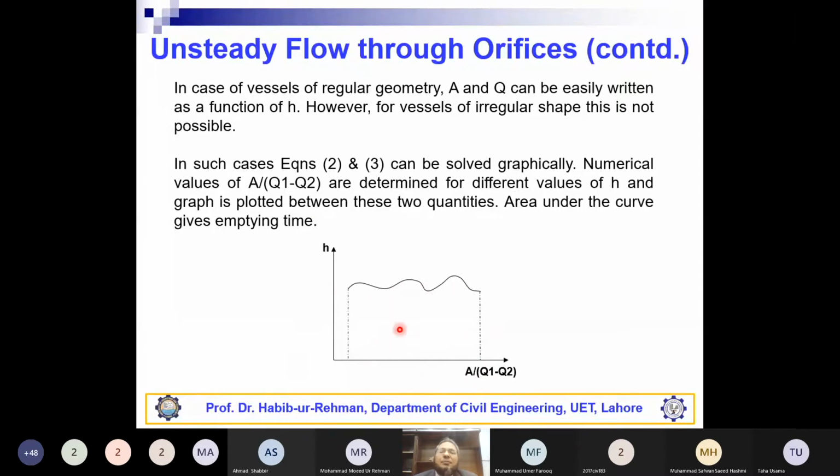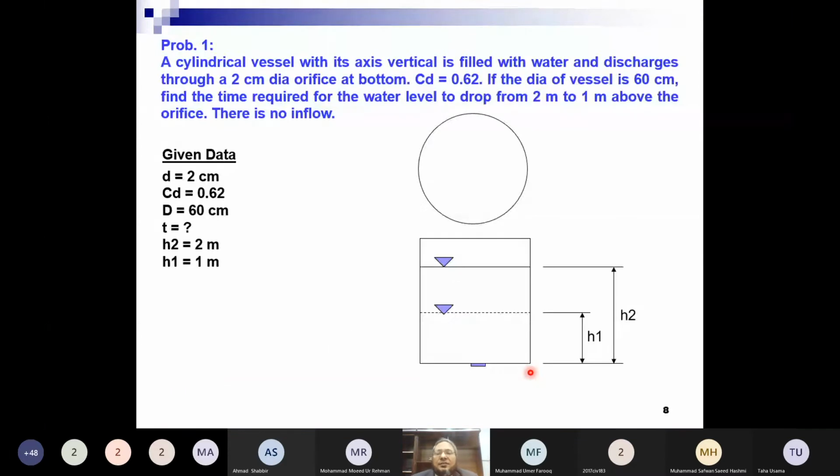That would be the emptying time, because if we multiply this with this, what would be the units of the outcome? The units of time. Okay. So with that, now we are going towards the numerical, and we want to apply equation number 2 or equation number 3, which we have derived.